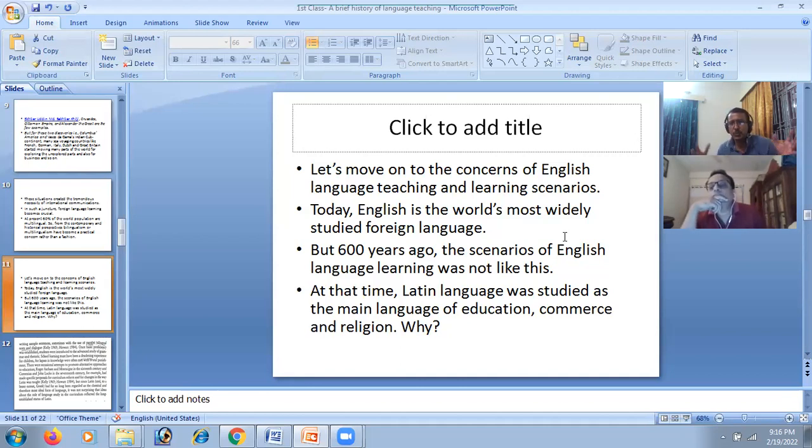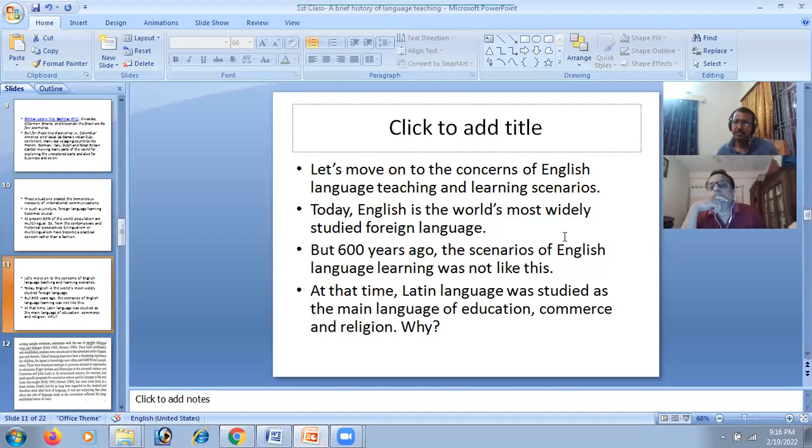So the scholars had been using the Latin language.